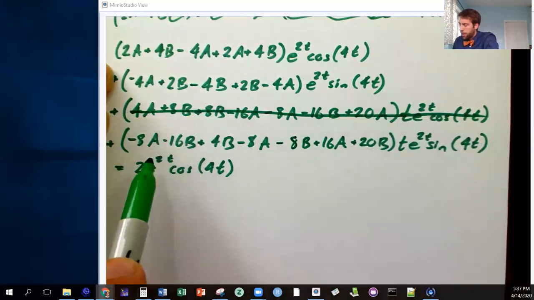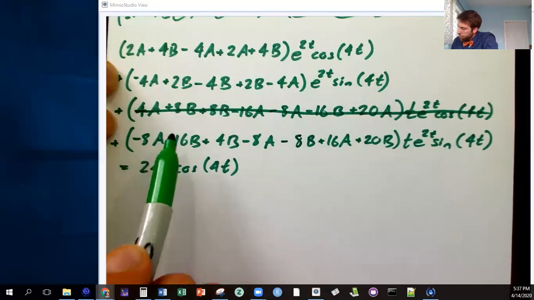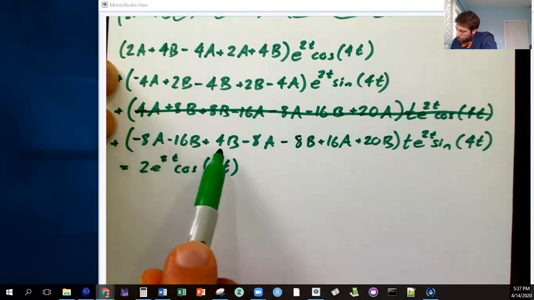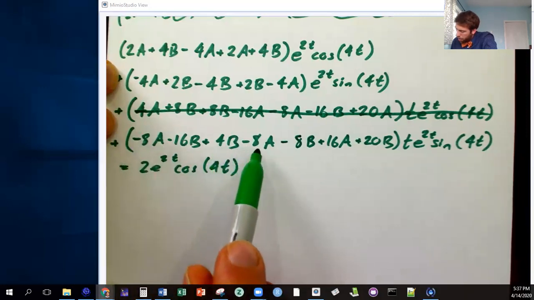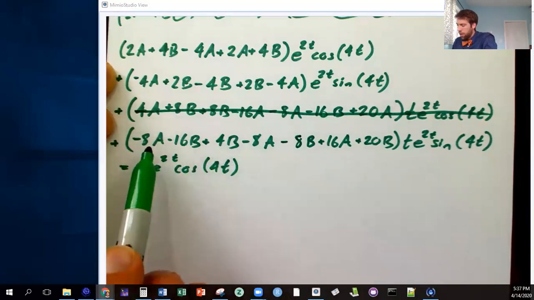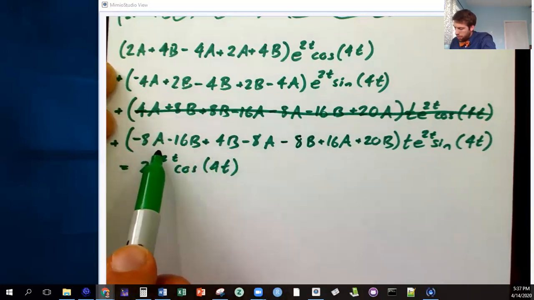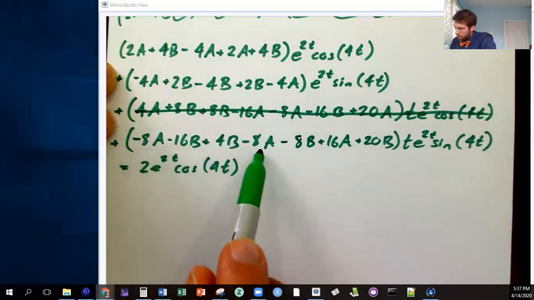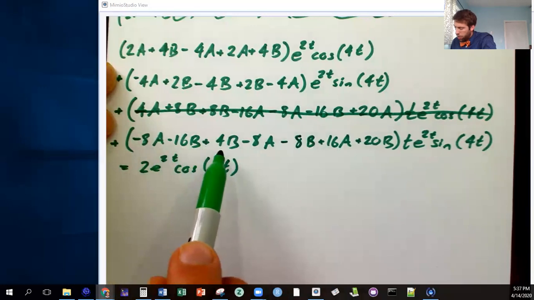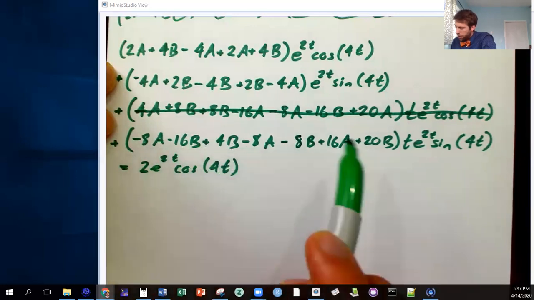All right, and then here, look at my a's. Let's see. Negative 8a, so then negative 4a, so negative 8a, negative 16a, positive 16a is 0. Negative 16b, negative 12b, negative 20b, 20b is 0.